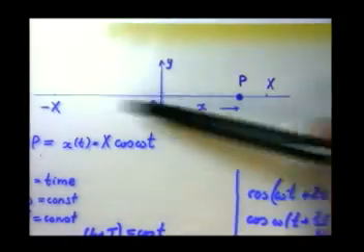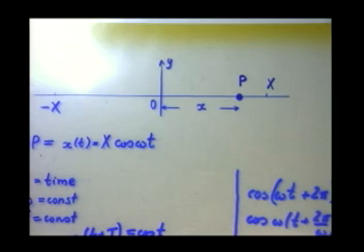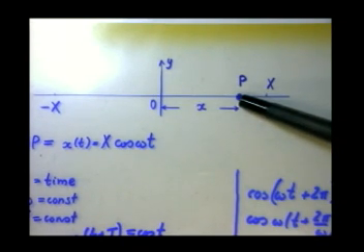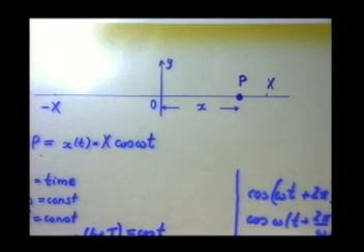Now this point can move only on this line, on the OX line. This point has 1 degree of freedom. Why does it have 1 degree of freedom? If I know the distance from the origin to point P, this is x, then I know everything about this point.